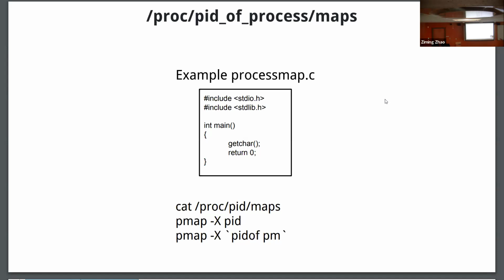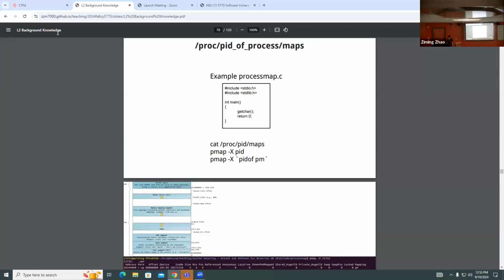So if we do not input anything, it will get blocked there, waiting for us. Then we open another terminal to analyze. The program will not exit, so we can use another terminal to analyze this program's memory map.